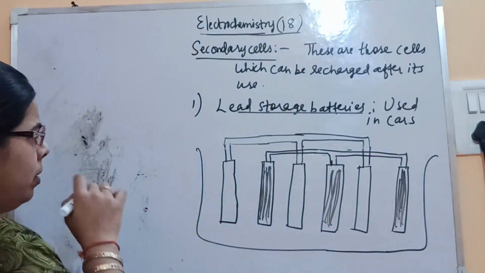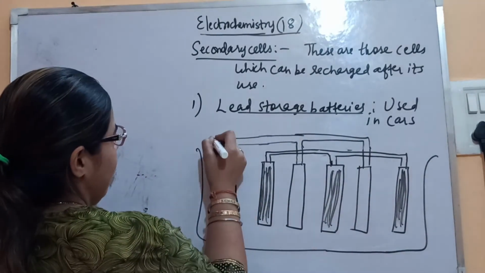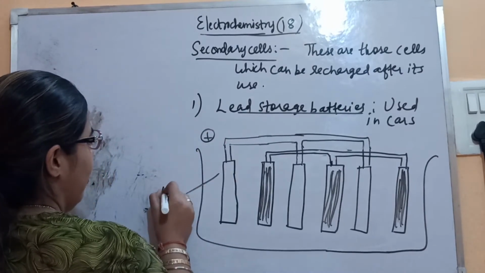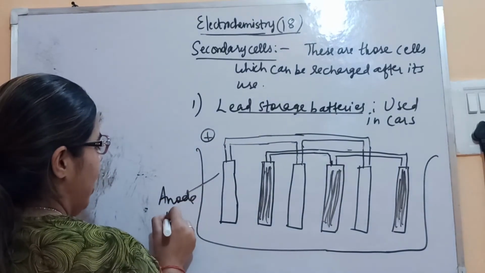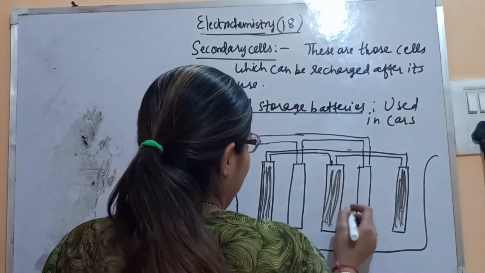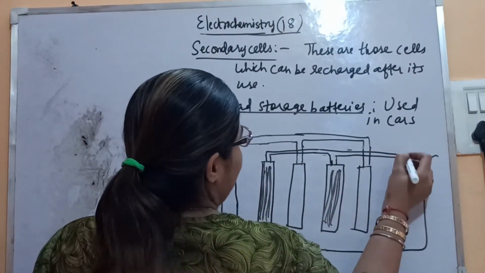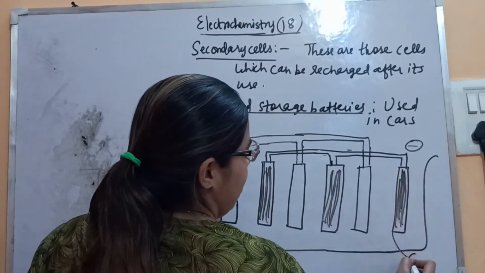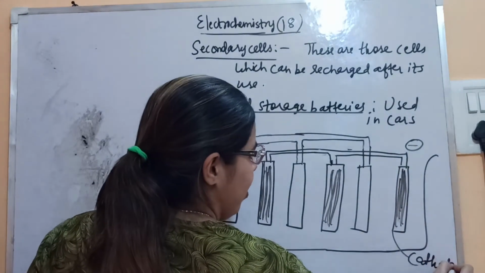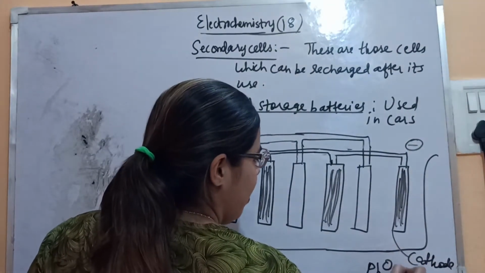So this is the anode, positively charged, which is made up of lead. And this is the cathode, negatively charged, which is lead dioxide.